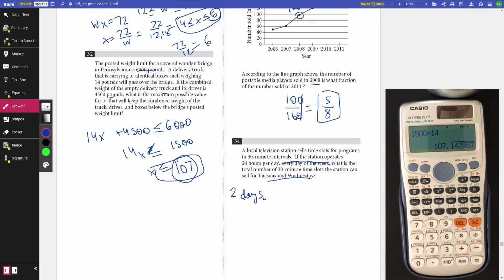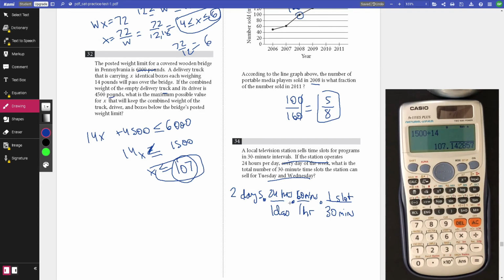This is another dimensional analysis, and then we have 1 day is equal to 24 hours, and now we need to get down to minutes, 60 minutes, and then finally they sell them in 30-minute intervals, so that would be 30 minutes over 1 slot.